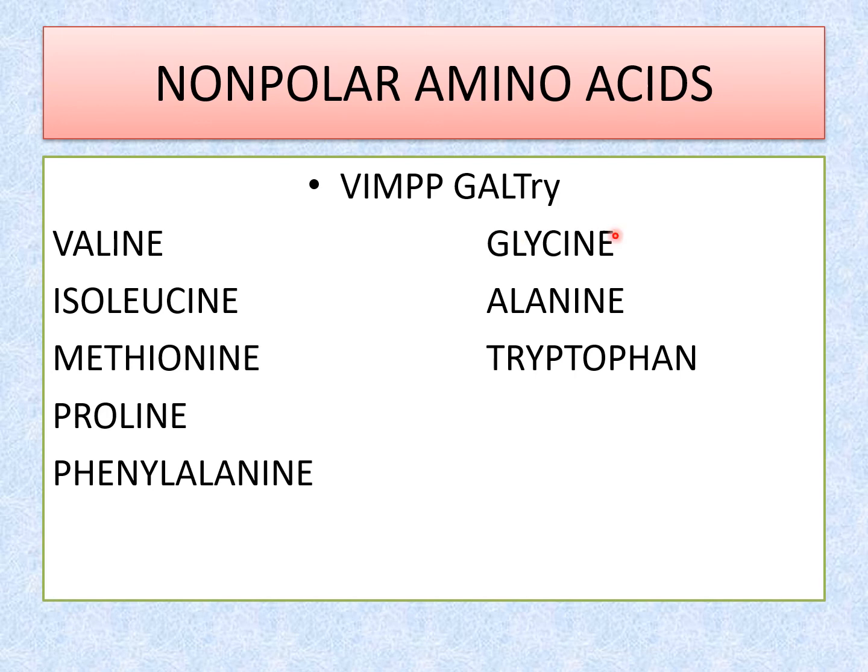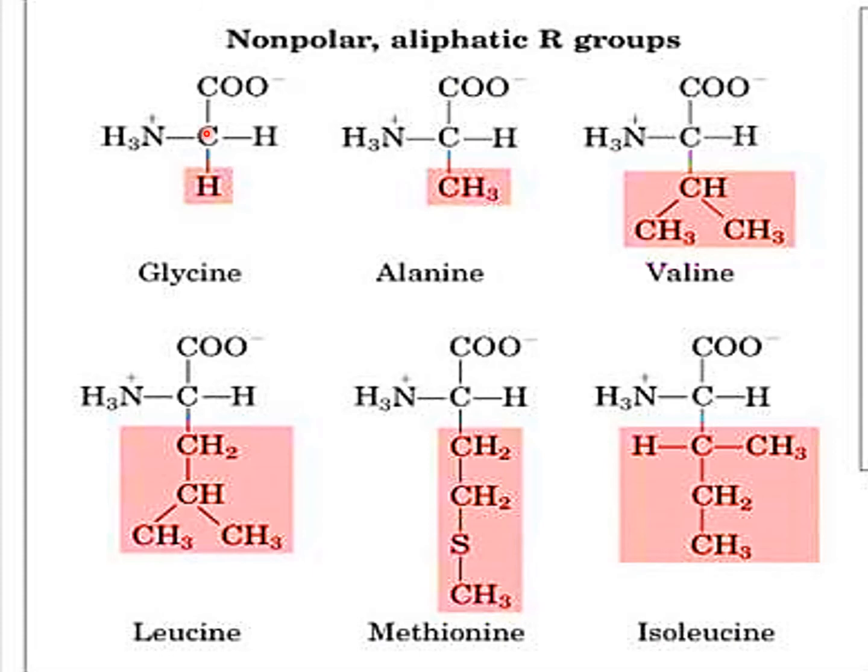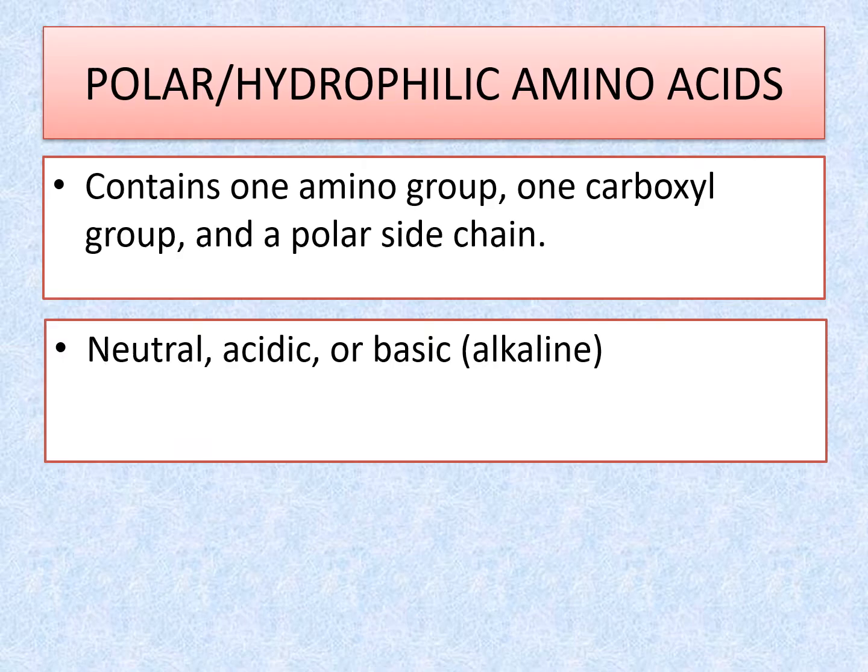I've already provided the abbreviation. You can use that mnemonic, or you can make a new one which suits your taste better. All right, so we have the nonpolar aliphatic R group.